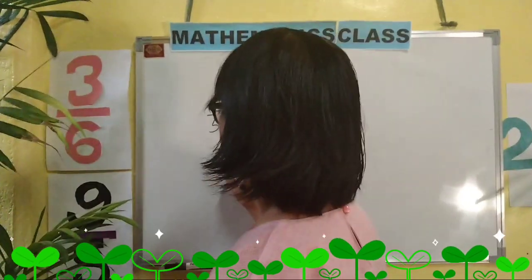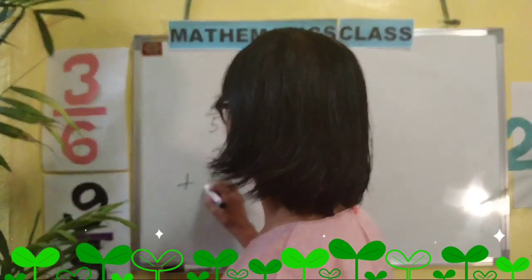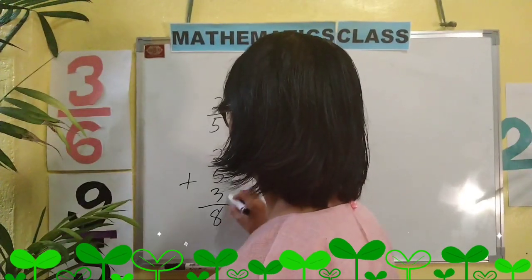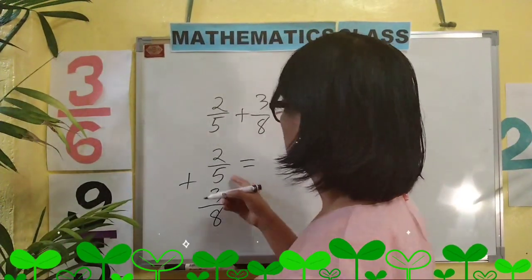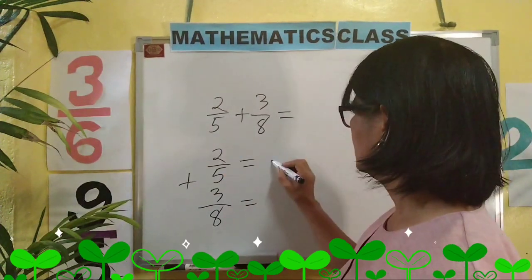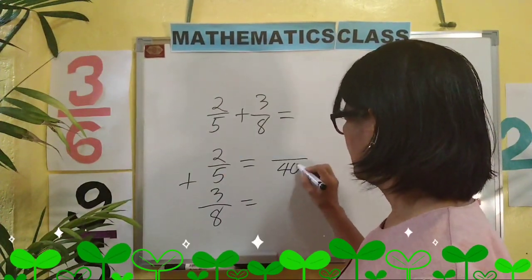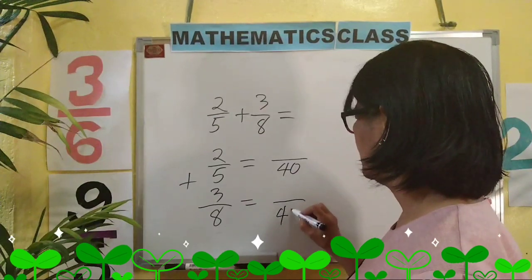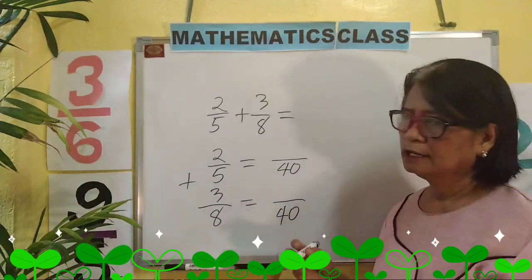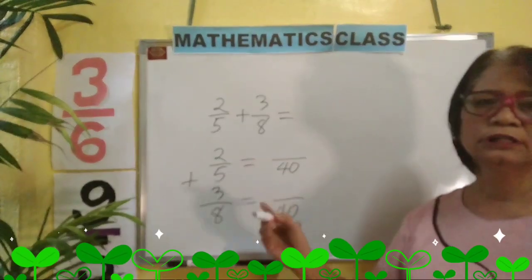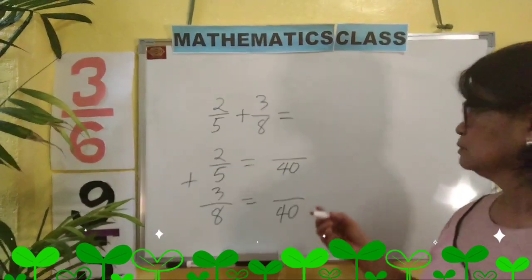So, 2/5 plus 3/8 equals, multiply 5 by 8 will give the product of 40. 40 is our LCD. And then, we have to change these fractions into similar fractions.